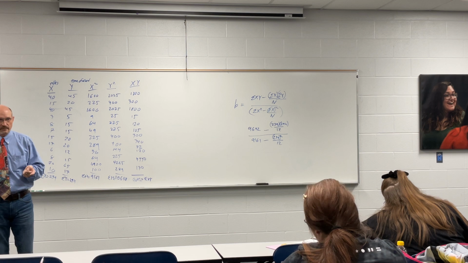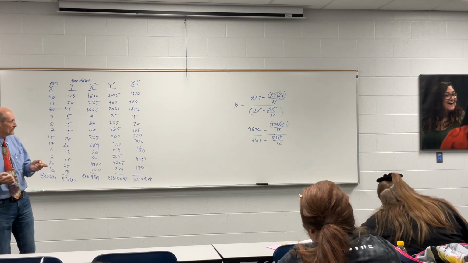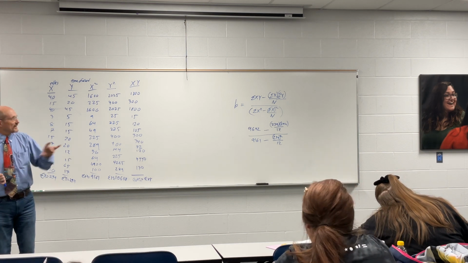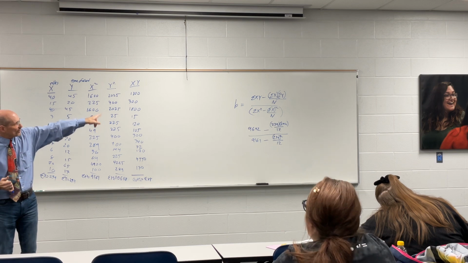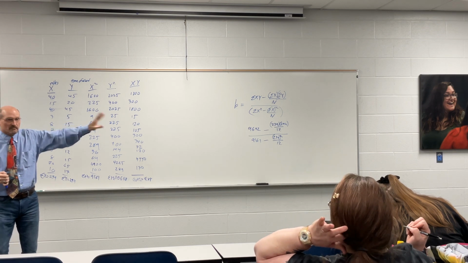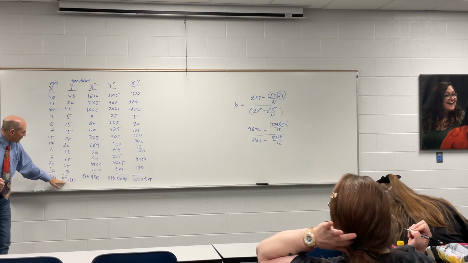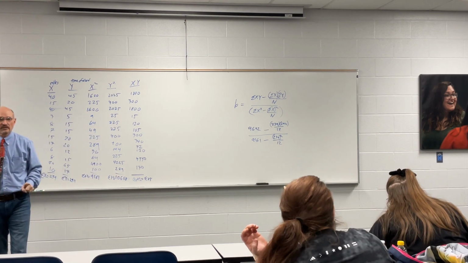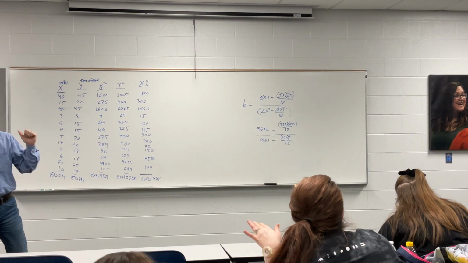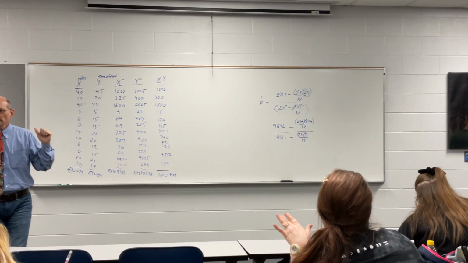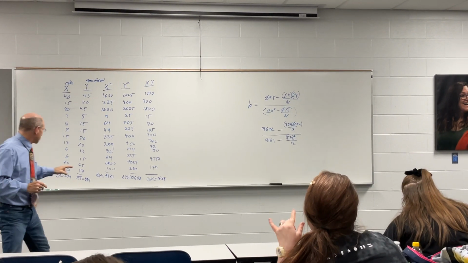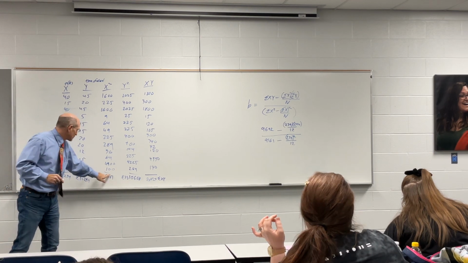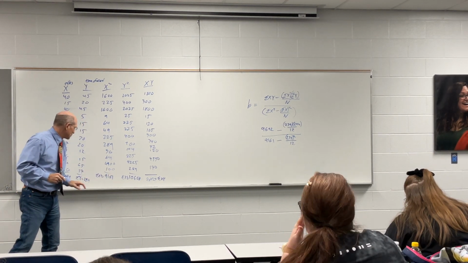Does that make sense? Not yet. Can you see the top part of the equation? I'm just a few seconds behind. Make sure every one of those quantities shows up in that equation. Is that 9161 at the bottom? That's 9161, the summation of x squared. I thought it was 239.